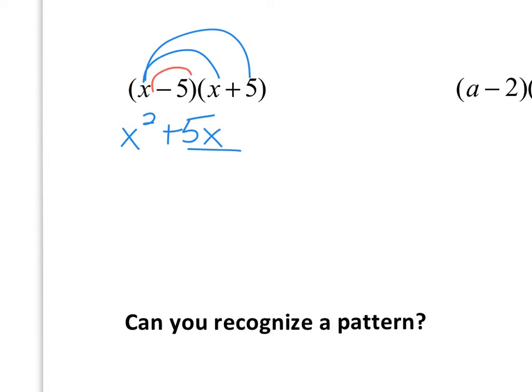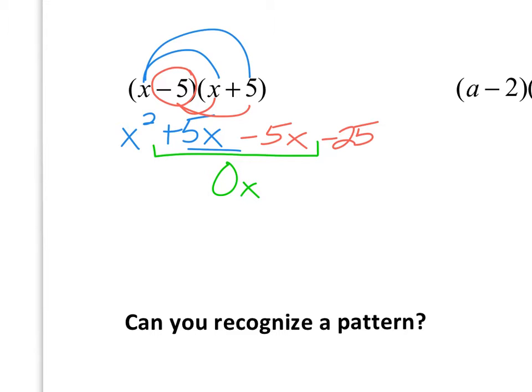Now we're going to go back through and distribute negative 5. So negative 5 times x, we get a negative 5x, and negative 5 multiplied by 5 gives you a negative 25. Now, here's the thing to look for: in the middle, there should be a couple terms that you can combine together. If you take a look here, 5x and negative 5x, if I take 5 minus 5, technically what I have is 0x.